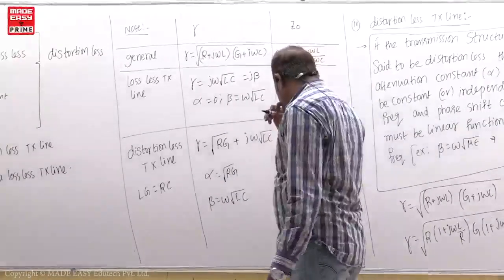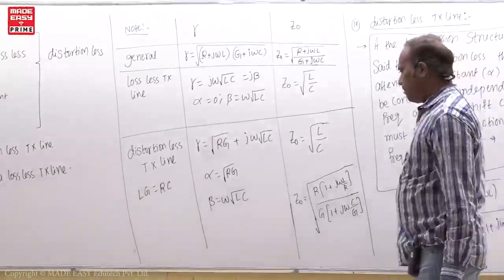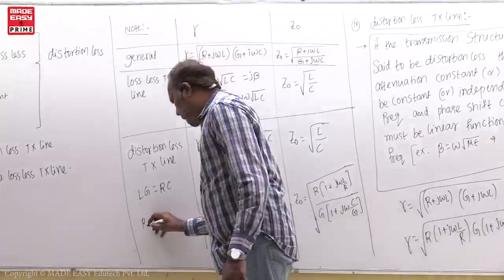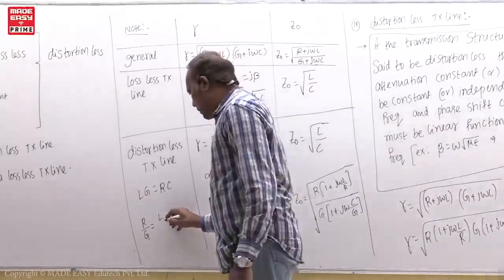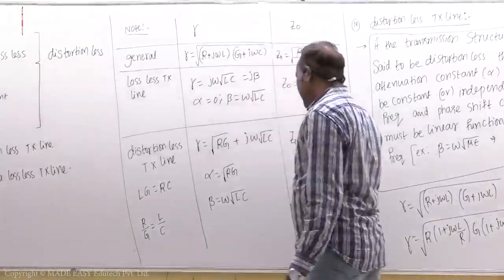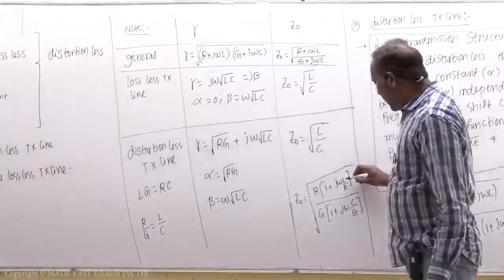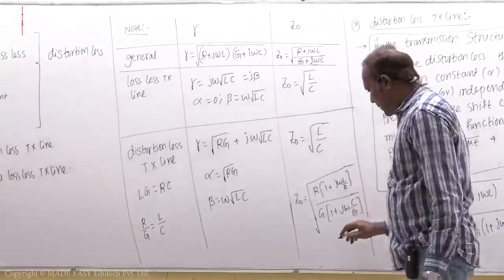That means, okay, I will do one thing. From this I will calculate the R by G ratio. R by G is equal to L by C, and L by R is equal to C by G. So this one and this one cancel.